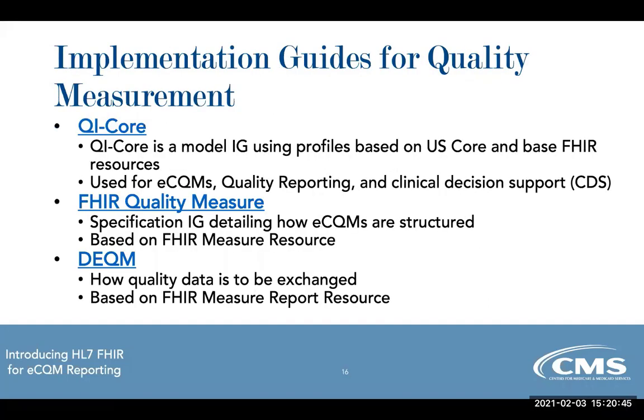So these three implementation guides are very useful for quality measurement and quality reporting. The first is qiCore, which is the model IG using profiles based on US Core and then the base FHIR resources, and are used for eCQMs, quality reporting, and clinical decision support.